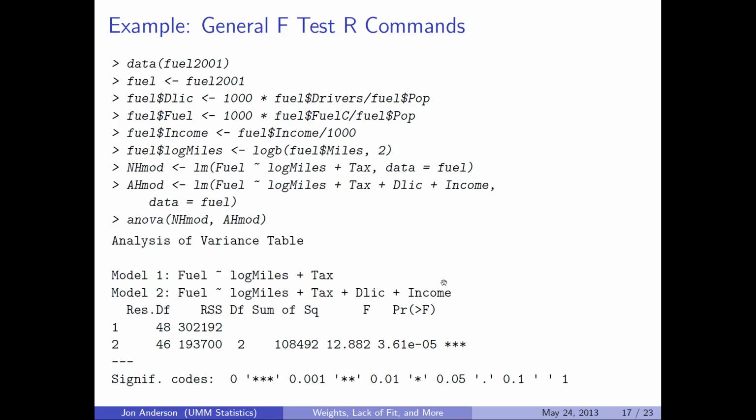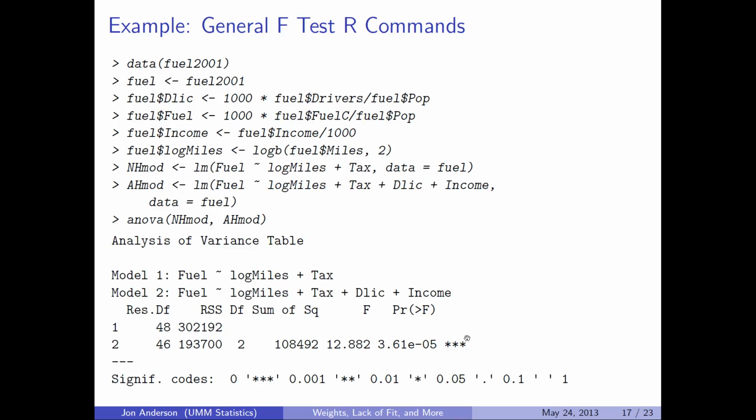We get output that tells us about the null hypothesis model, model 1, gives us the residual sums of squares for it. And then for model 2, the bigger model, we get the residual sums of squares for that one. We get the difference between the residual sums of squares here in this column further to the right, and we get the F statistic, and we get the p-value computed for us.